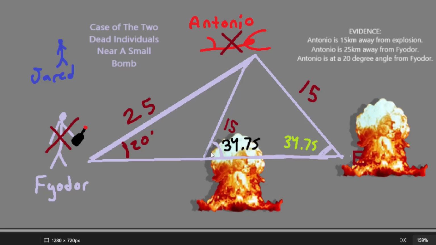And what do we know about angles? To solve the angle of this, if this angle here is a 180, then all we do is 180 minus this angle. So 180 minus 34.75 gives us an angle of 145.25.